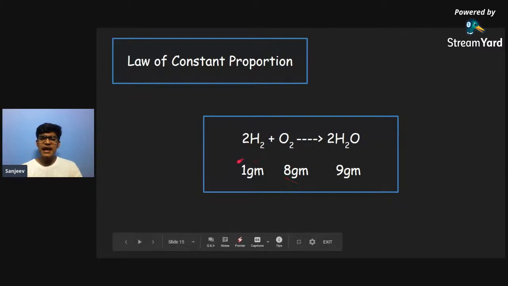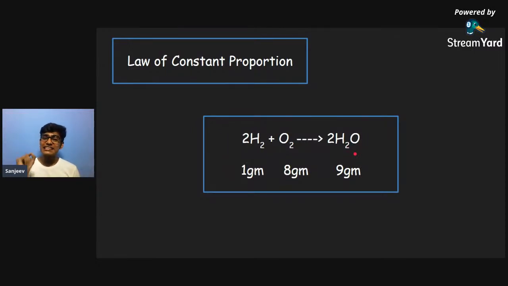As you can see, 1 gram of hydrogen and 8 grams of oxygen gives us 9 grams of water. But if we take 9 grams of water, we will get exactly 1 gram of hydrogen and 8 grams of oxygen.